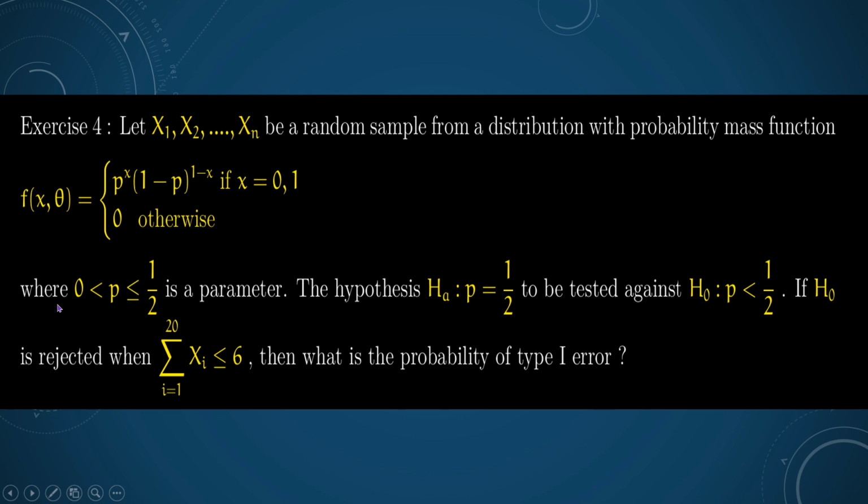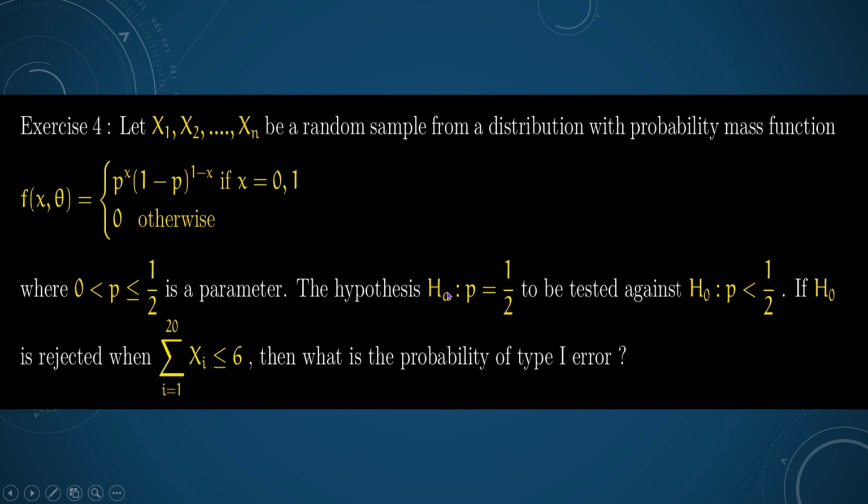So go on please. You know already that p is a parameter, bigger than 0 but smaller than or equal to half. So p we call a parameter.